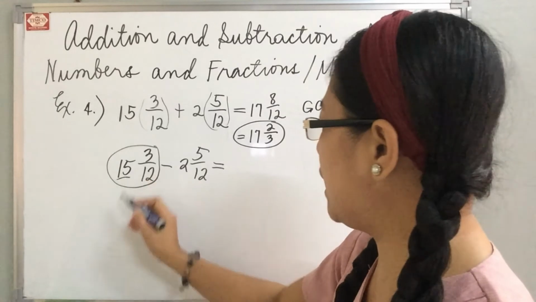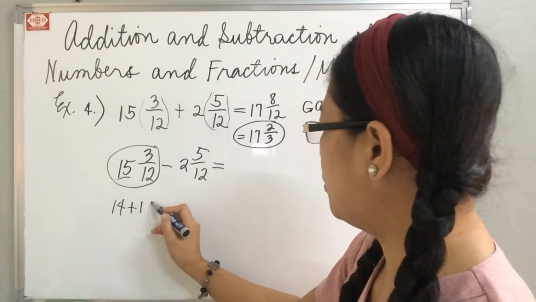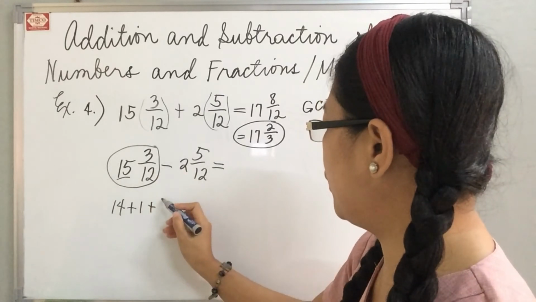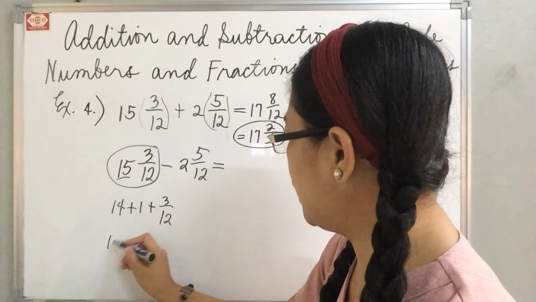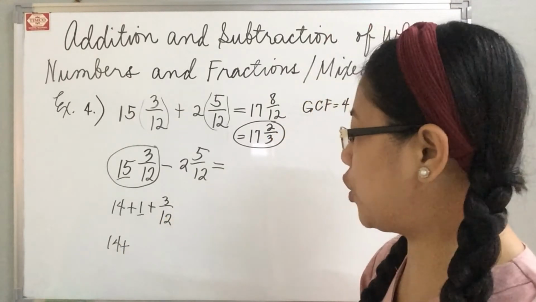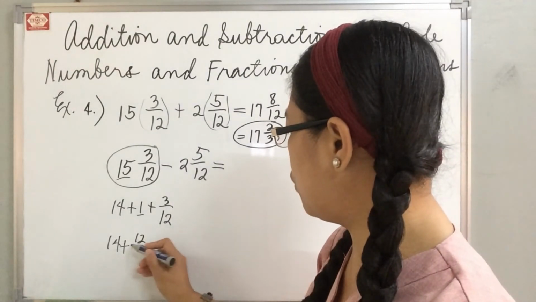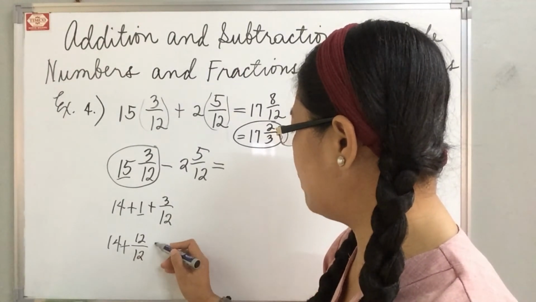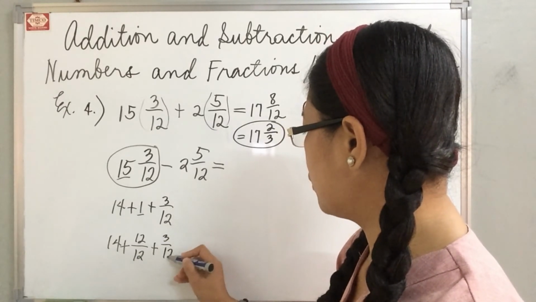So rename 15 as 14 plus 1 plus 3/12. Bring down 14 plus, rename 1 as a fraction, the same with 3/12. So we have 12 over 12 plus 3 over 12.